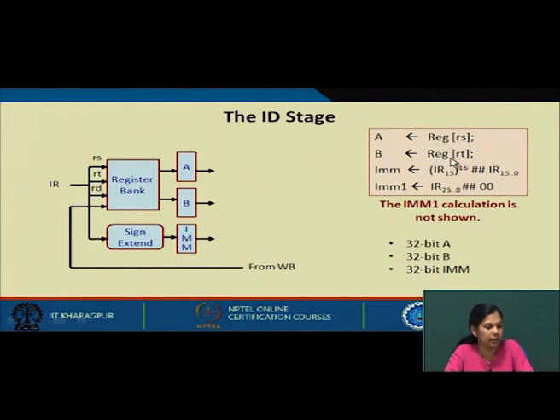In B, another source register value is coming, that is RT. In IMM, the immediate value from IR, which is sign extended to make it 32-bit, is stored. IMM1 calculation is not shown, it is pretty similar.